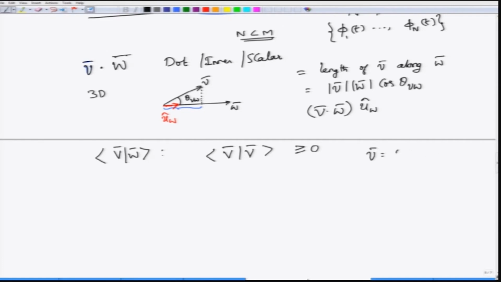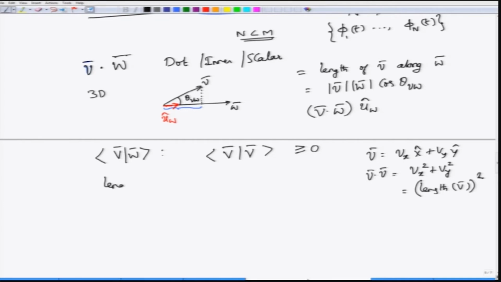You go back to the Cartesian coordinate system, Vx x hat plus Vy y hat, I will just restrict it to 2 dimensions. Then the inner product of V with itself is given by Vx square plus Vy square, which is actually the length of the vector V square, correct.